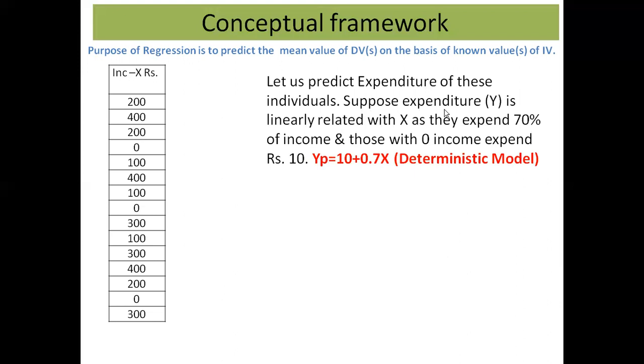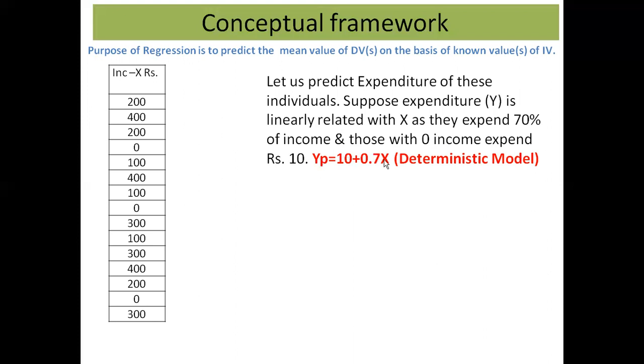I take a general perception of people, and people told that generally, whatever income the public gets, they spend 70% of the income. It means the expenditure of this person is 200 into 0.7. But they also added that if a person's income x is 0, then the expenditure is 10 rupees.